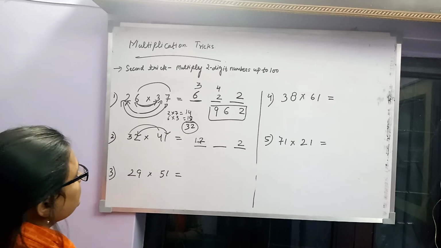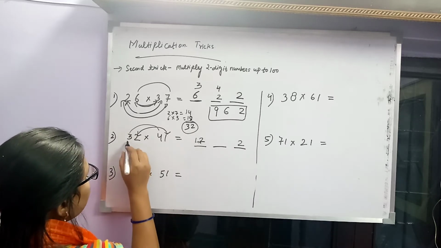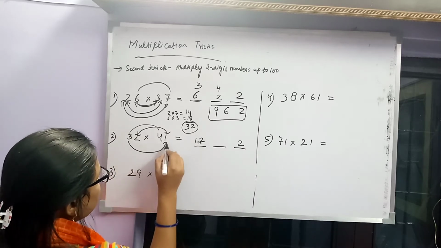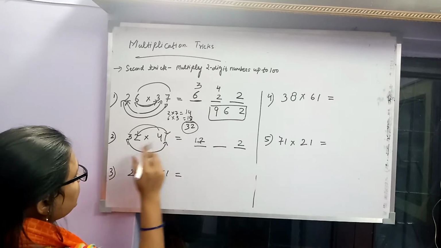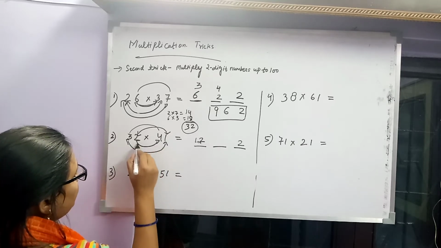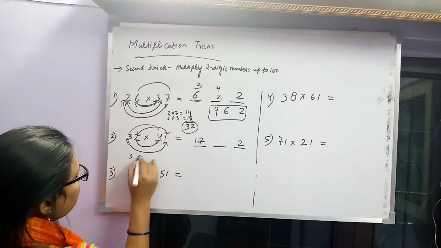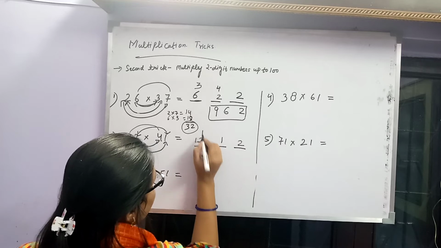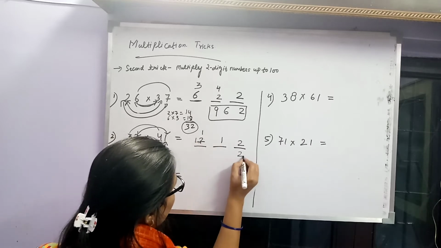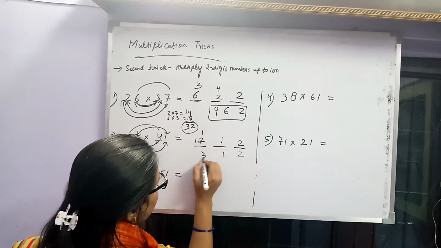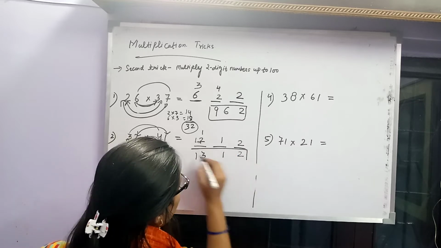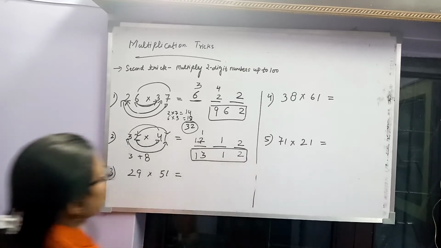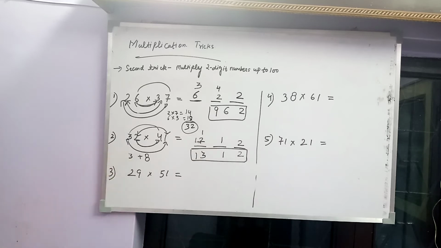And now next we will do the multiplication of 3 into 1 and 2 into 4. So 3 plus 8 gives 11. So 1 we will write here and 1 we carry. So now we add, and this is our product of 32 into 41.